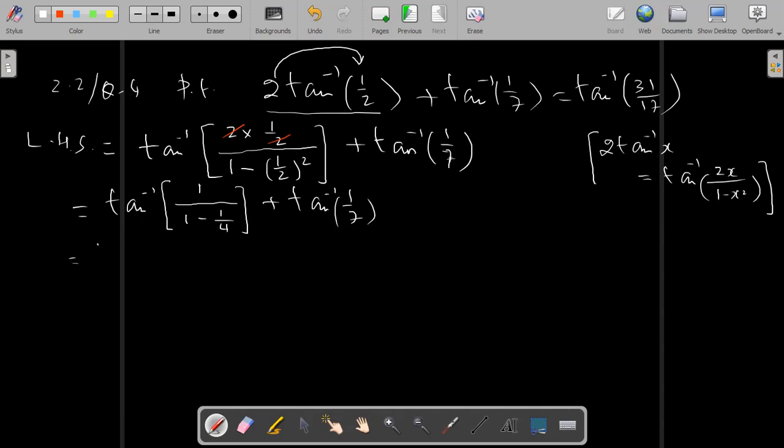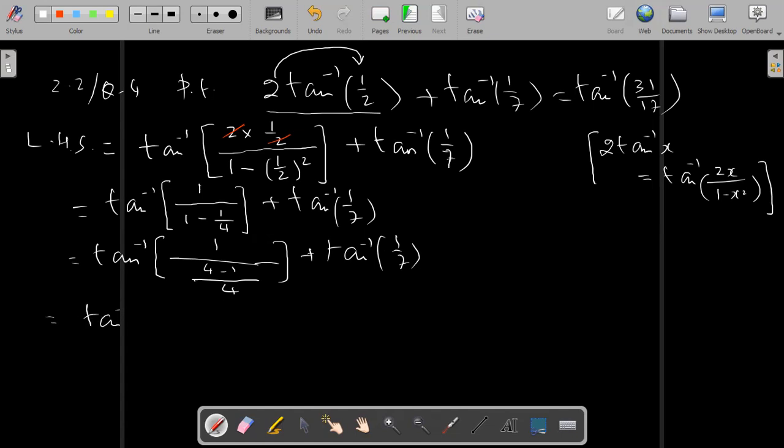Now for this 4, take the LCM in the denominator: 4 will be the LCM, 4 ones are 4 minus 1, and we are solving the denominator, so this will become plus tan inverse 1 by 7 as it is.